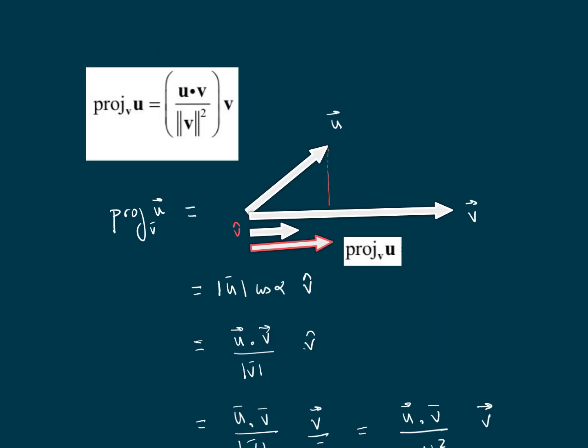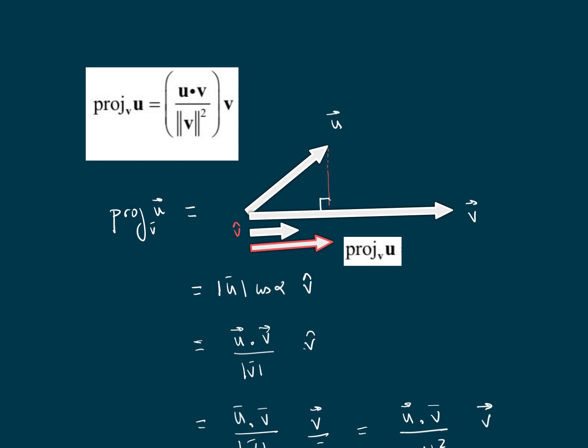Next equation that we are going to use is the projection of a vector onto another vector. So let's say that you have the vector U, and you have the vector V. What does the projection of U onto V mean? It means the following thing. You make a perpendicular line to V, to project onto V. So this angle is 90 degrees.